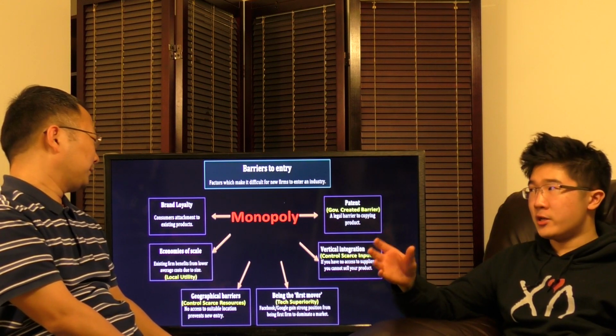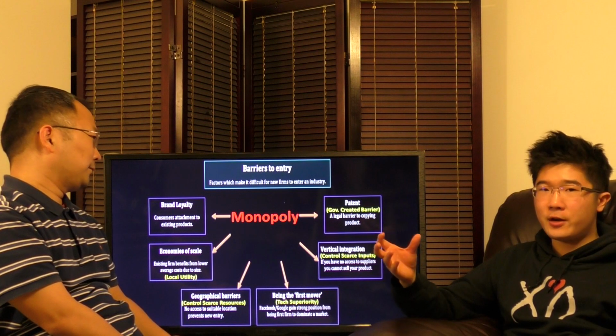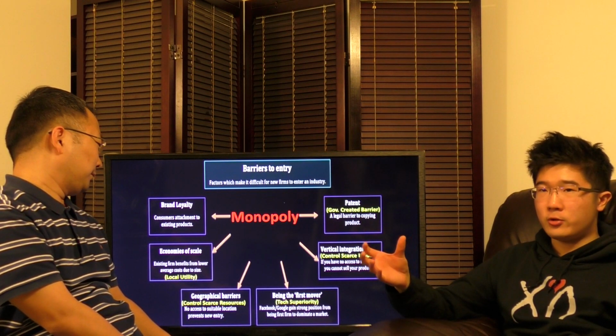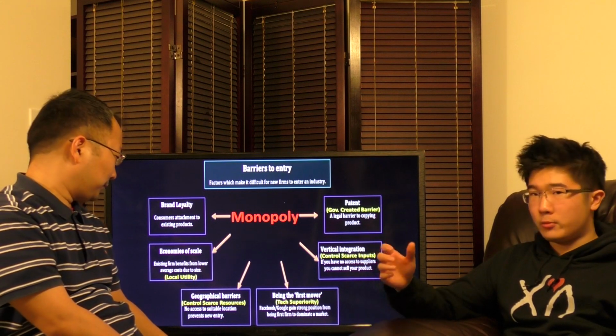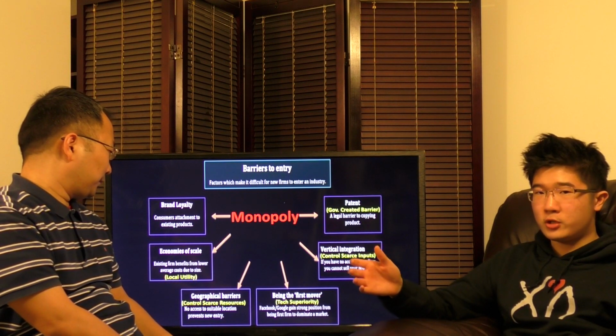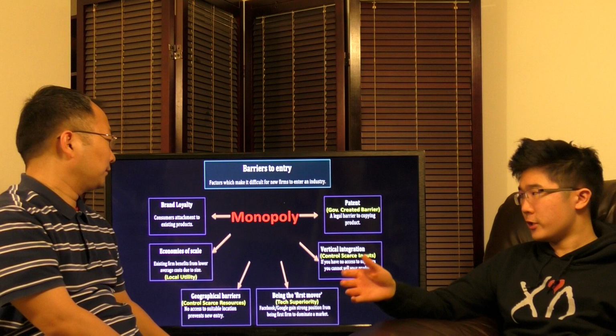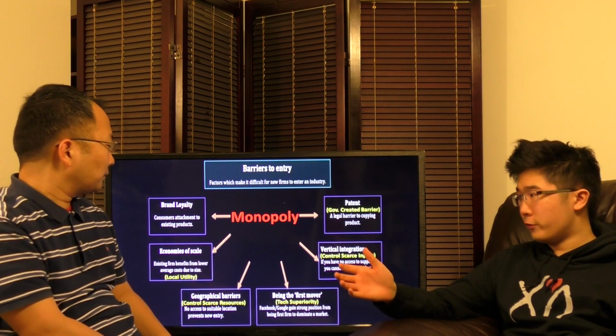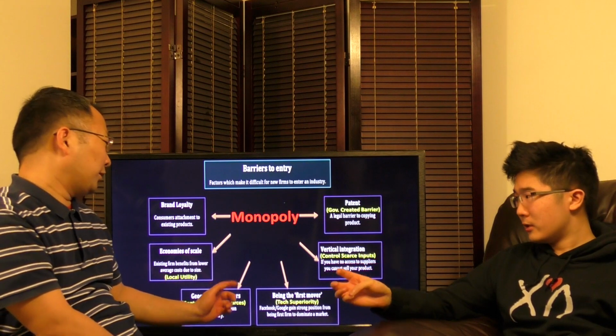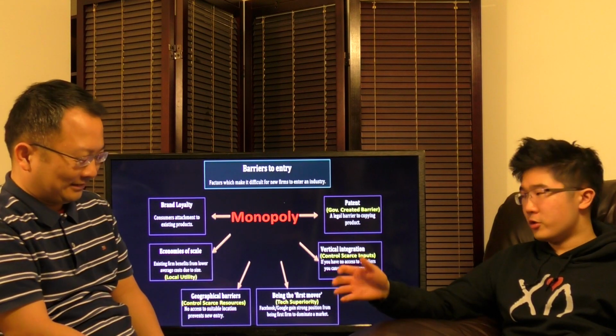But when you're just entering the industry, your average total costs are actually higher than a firm that's larger than you and has been there for a while, because they're on an economy of scale. So producing more, or being larger as a corporation or as a firm, is actually more efficient for them. And so this benefits the existing firms and bars new firms, like the old AT&T, for example.